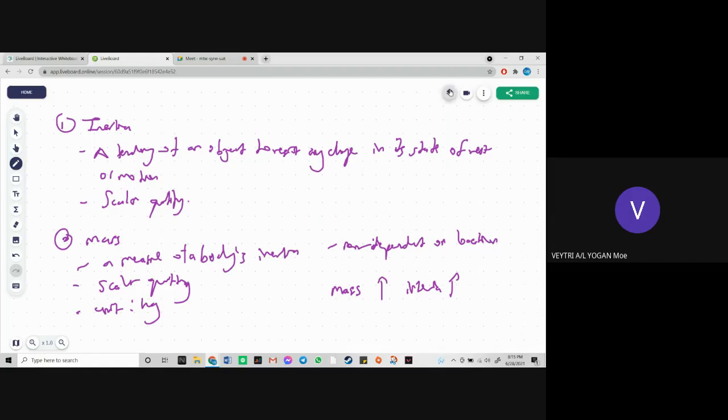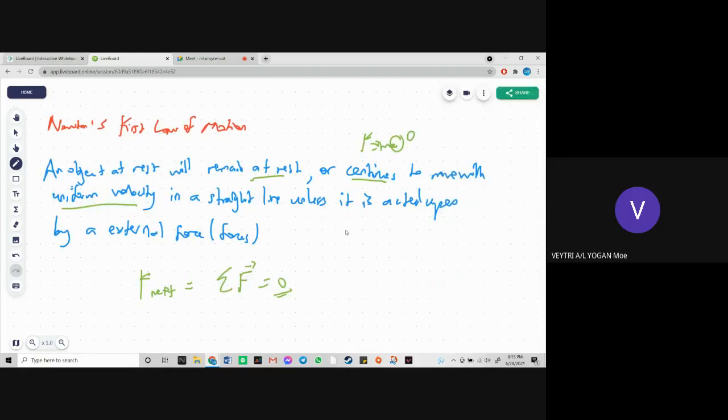Okay, now let me get back to the first concept. What do they mean net force is 0? You guys know all the forces that we have learned, right? Tension, weight, external force, normal force and so on. Okay, so basically what they mean here is that adding all of these will give a value of zero.